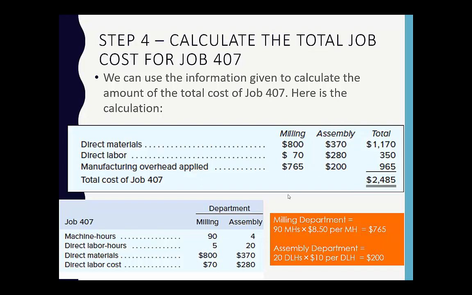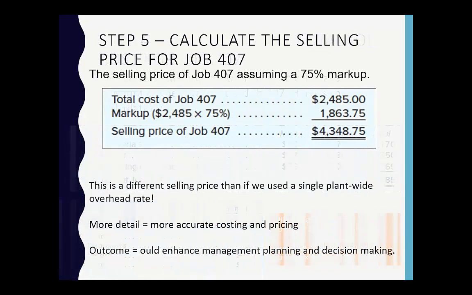Do you see how this is much more detailed and much more specific? Now for the last step, remember we were going to create a 75% markup. So if I take the total cost, which was on the slide before, and I mark it up by 75%, the total selling price of my job would be the combination of both of those.